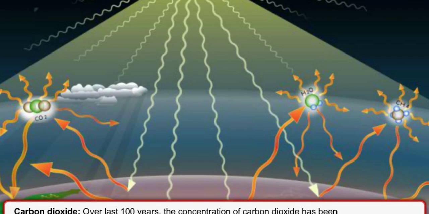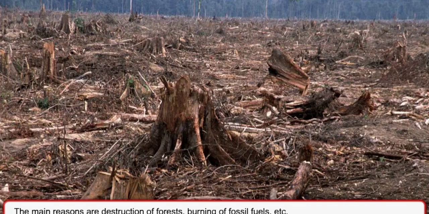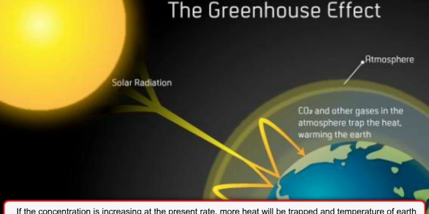Carbon dioxide. Over the last 100 years, the concentration of carbon dioxide has been increasing gradually. The main reasons are destruction of forests, burning of fossil fuels, etc. If the concentration keeps increasing at the present rate, more heat will be trapped and the temperature of Earth would increase.